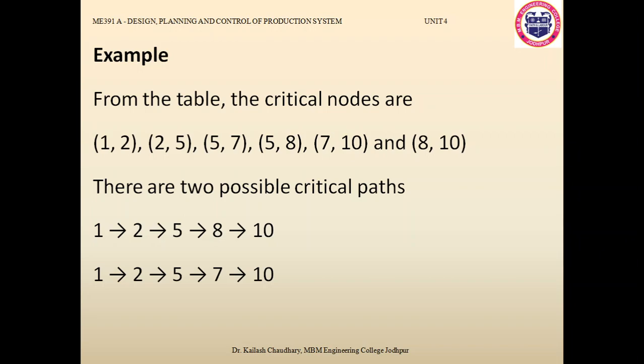So these are the critical nodes. So there are two possible critical paths: 1, 2, 5, 8, 10 and 1, 2, 5, 7, 10. So these two are the critical paths which will give you the least time to complete the project, because they have 0 float time in between the nodes. So this is how we get the critical path method for any project.